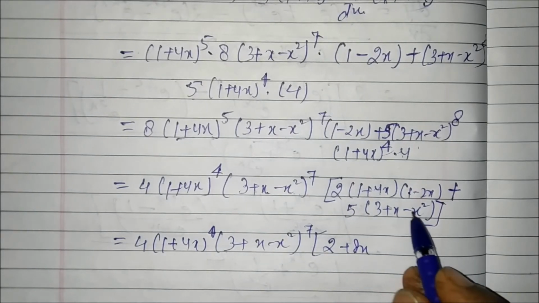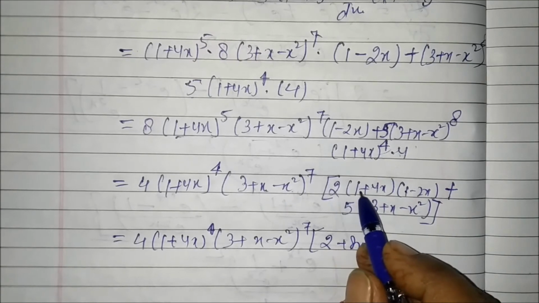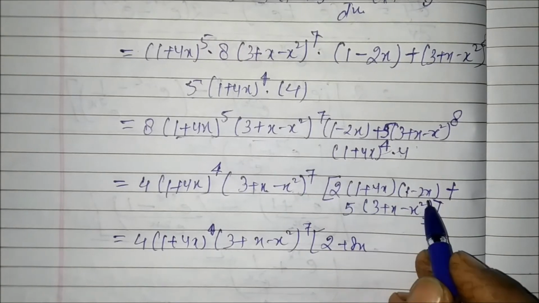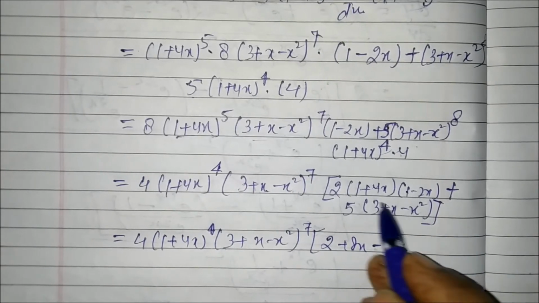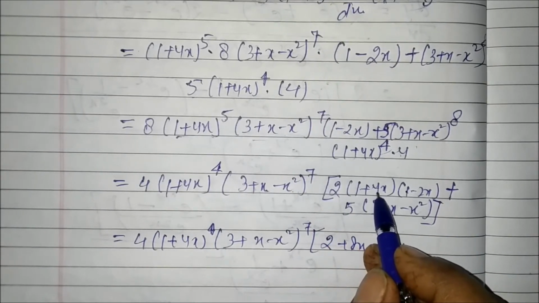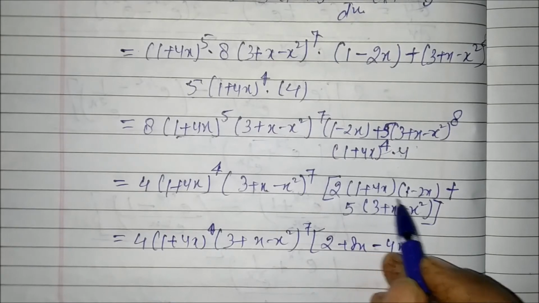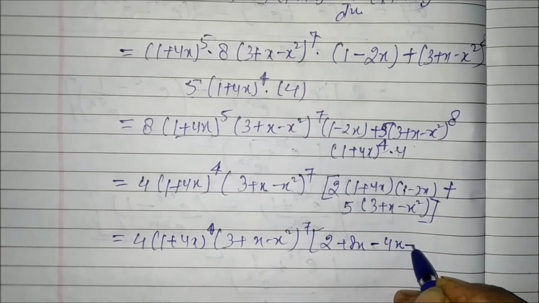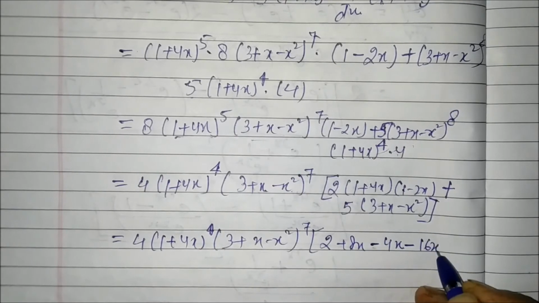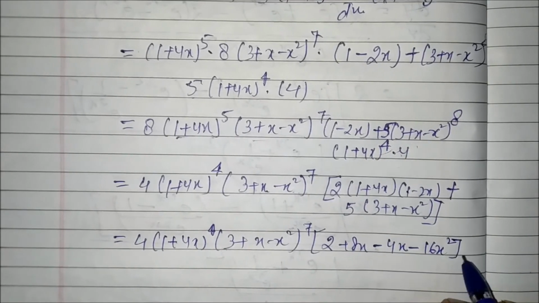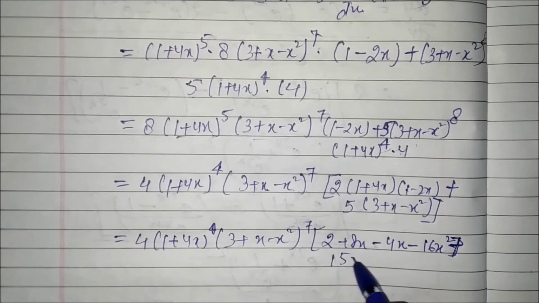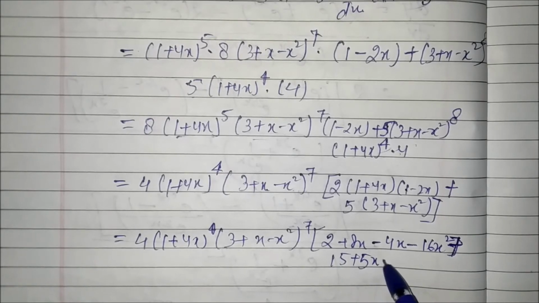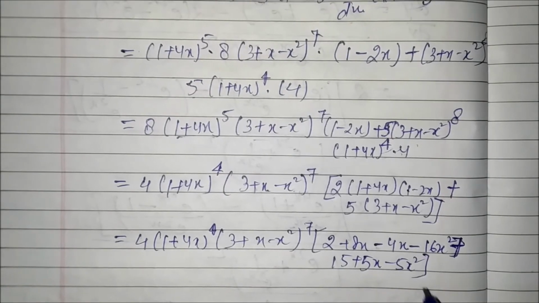Okay, now 2 into 1, 2 into minus 2x, minus 4x, 2 into 4x, 8x into minus 2x becomes minus 16x square. Plus this is 15 plus 5x minus 5x square.